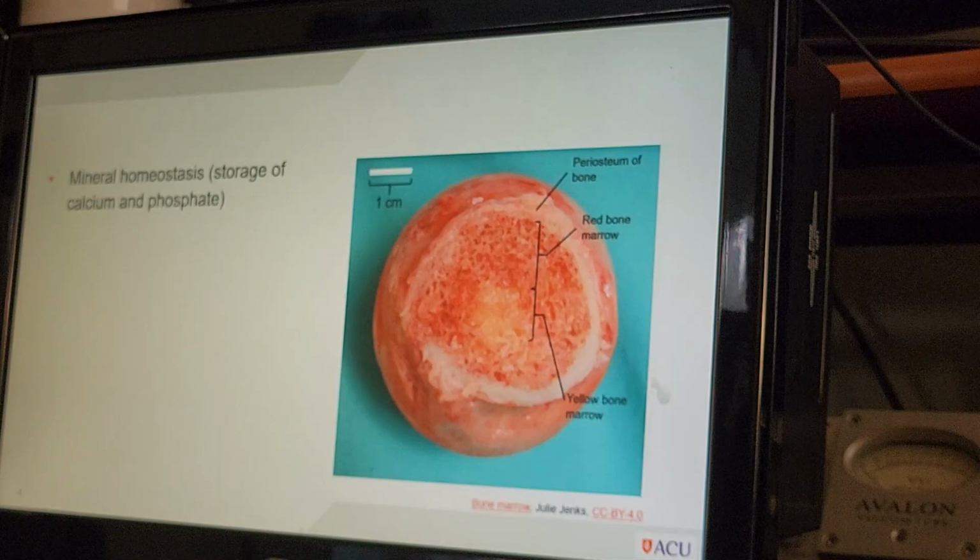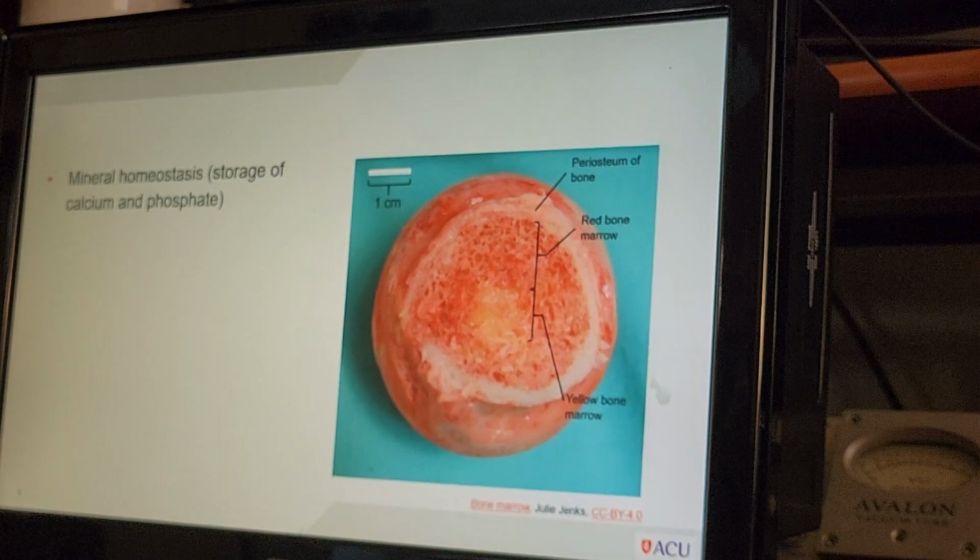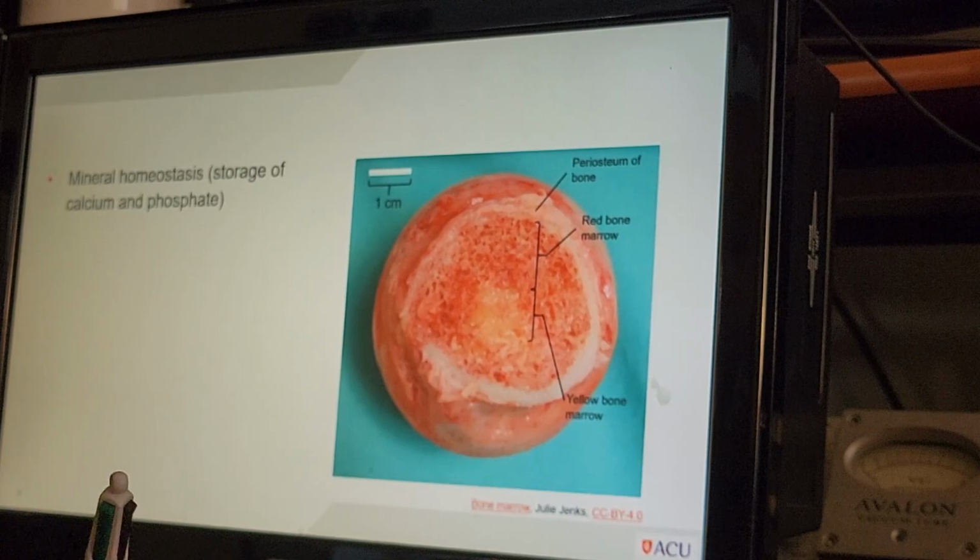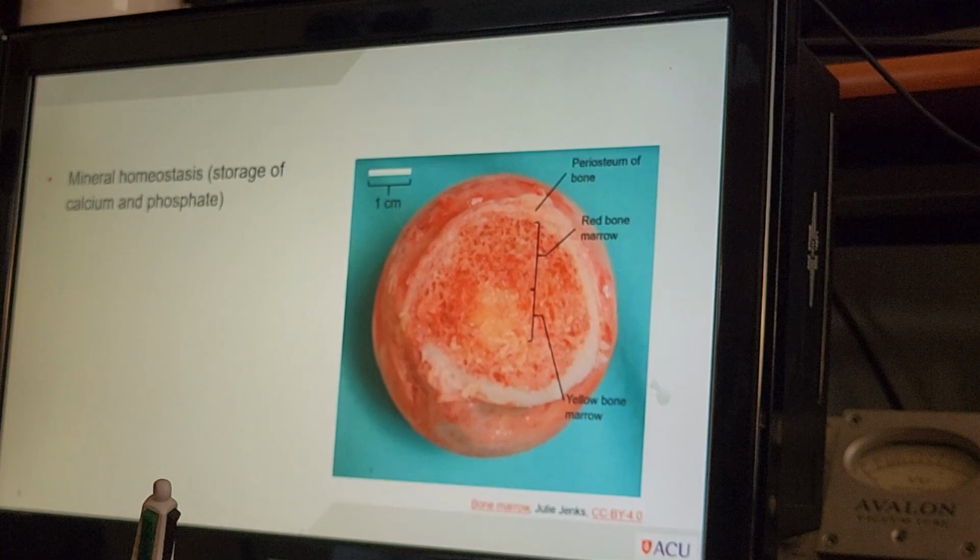Having around about 99% of our body's calcium stored in the bones is a good reserve in case calcium ion levels drop in the bloodstream, and then some bone can be broken down to release additional calcium for the body. Calcium is very important to maintain ideal levels of, because it does things like allow muscle contraction and nerve transmission to take place.